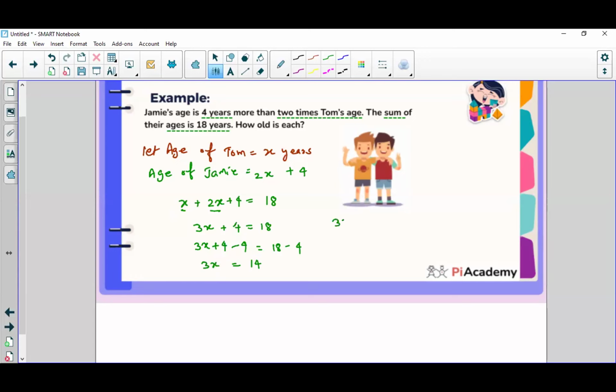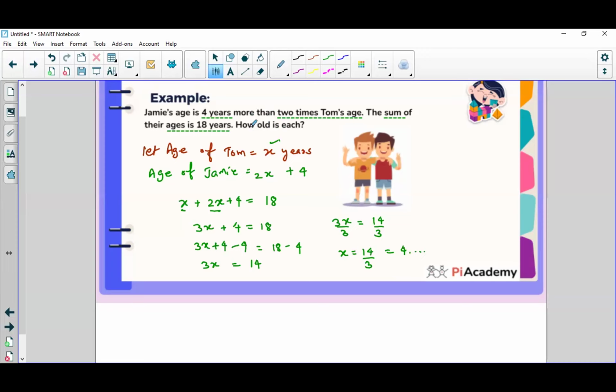So 3x divided by 3 equals 14 divided by 3. Now 3 divided by 3 makes 1, and x equals 14 divided by 3. So this is the age, and it will come in decimals, 4 point something. Now, you can keep it as a fraction only. So x is 14 divided by 3. This is the age of Tom.